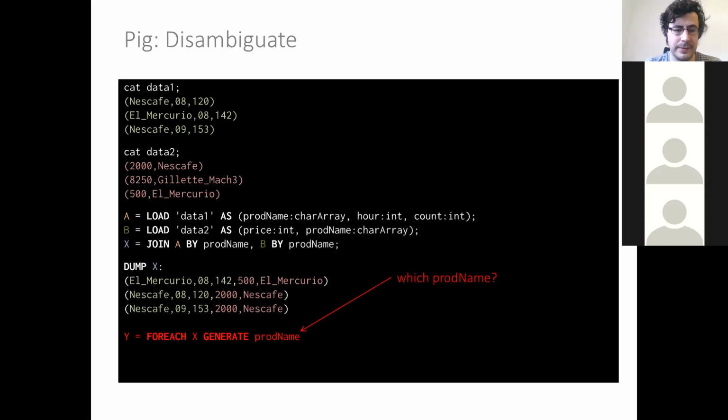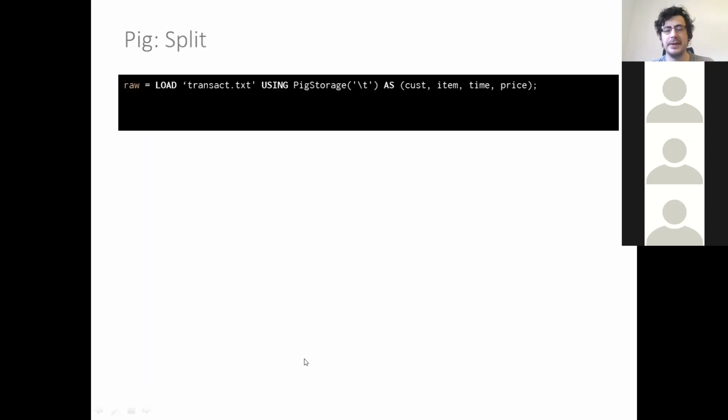So in the case where we have a relation that's joined and we've produced something with the same 2 columns with the same name, we need to disambiguate. And what we do is we will usually use the name of the original relation from which it comes, followed by 2 colons. So A::product name. And this will work, right?